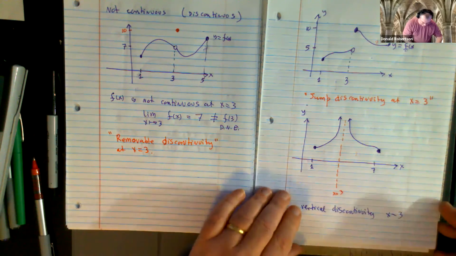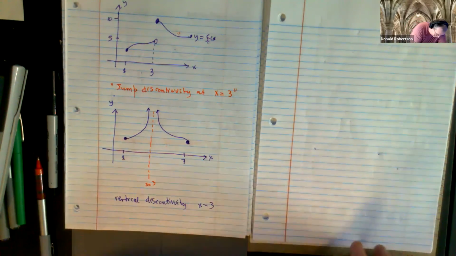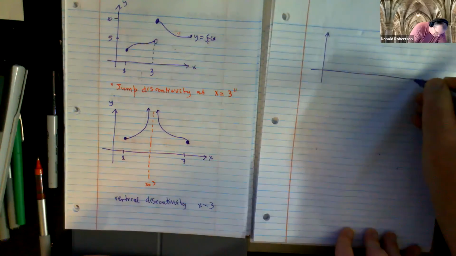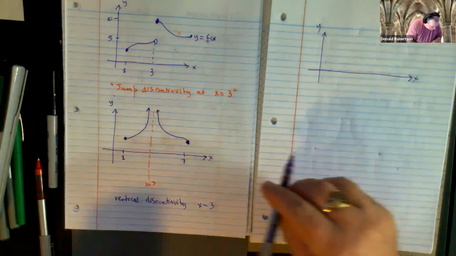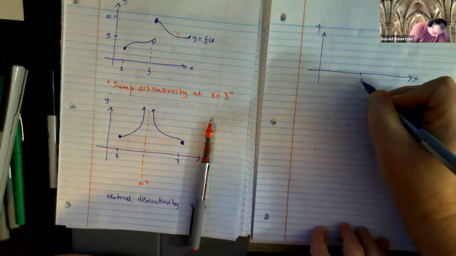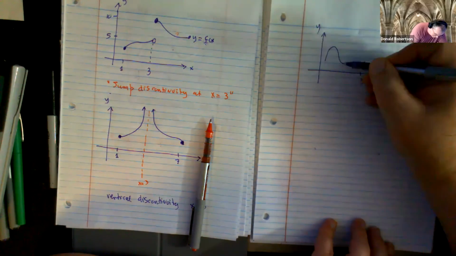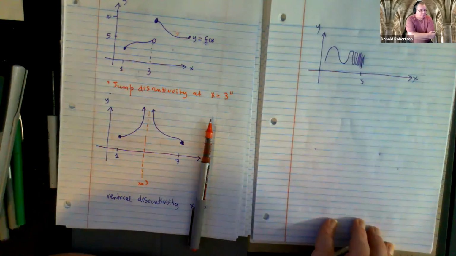Now, there is a fourth situation, which really, I don't even have a name for it because I don't think it's got a name. And it's kind of hard to draw, but we have seen a situation like this already. So let's put x equals 3 in. Can you remember the curve that went like this? And then it went, oh, yeah. Remember that one went up and down like nobody's business?